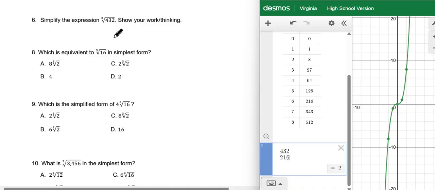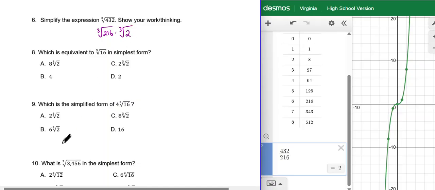What that means is cube root of 432 is the same thing as cube root of 216 times cube root of 2. All right, cube root of 216 is going to be 6.